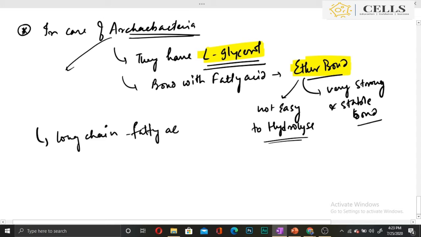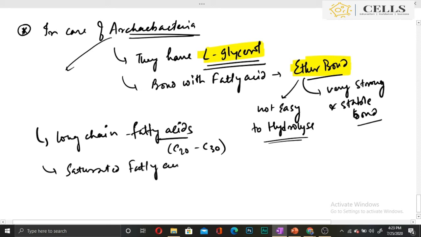Long chain fatty acids are present, and most often the fatty acids are saturated fatty acids. We will be coming to the fatty acid parts in a while, don't worry about it.